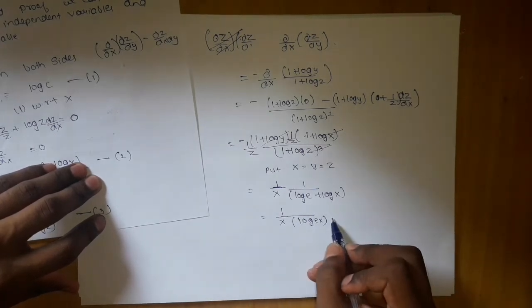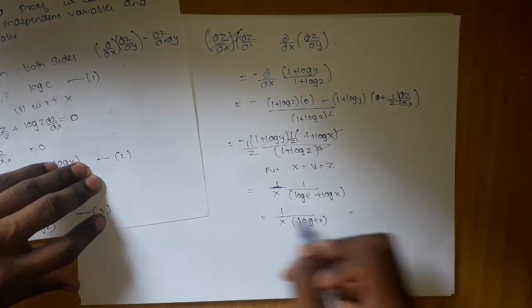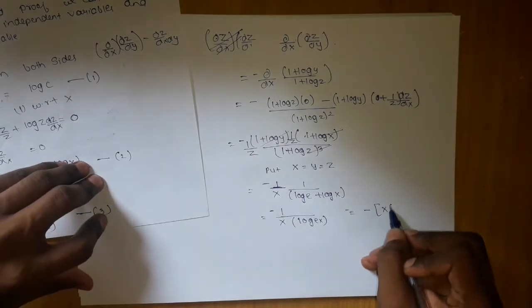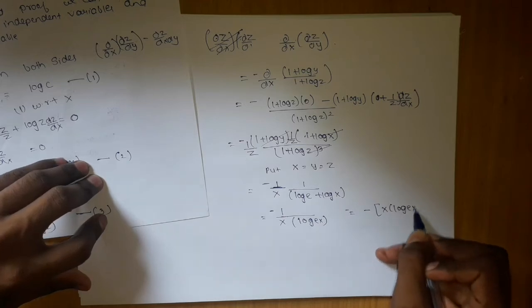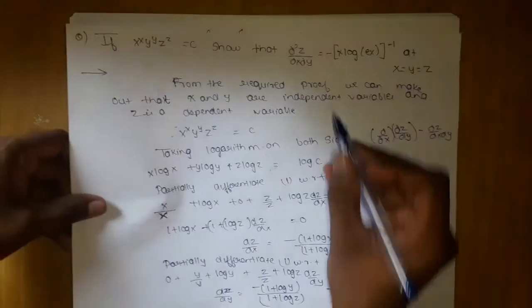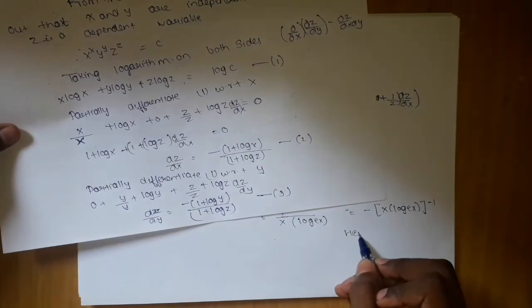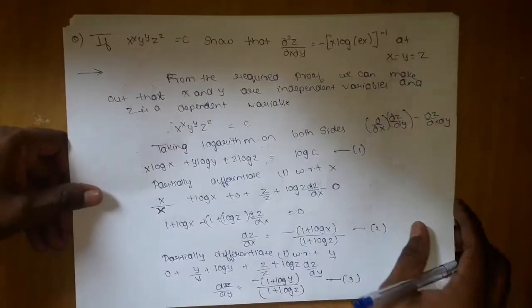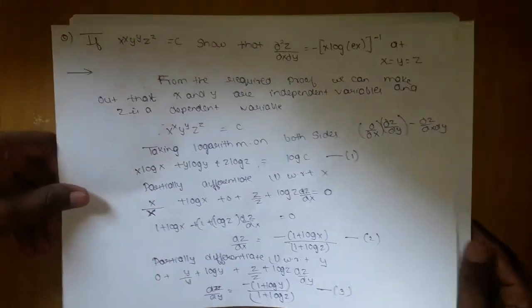Using the property, if I take all the things outside, this one was minus, it will be x log ex the whole power minus 1. So we are done with this problem. Hope you can directly make out that we have proved, hence proved. So let's move on to the next problem.